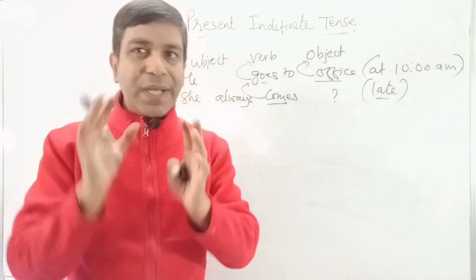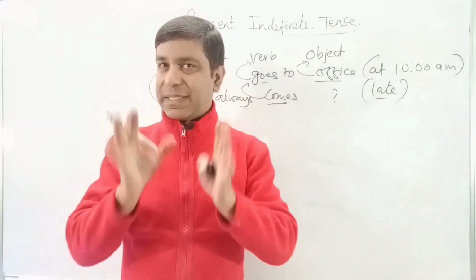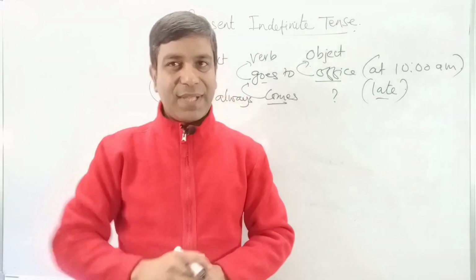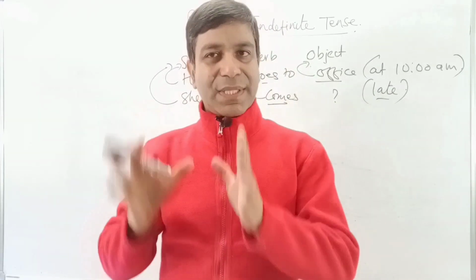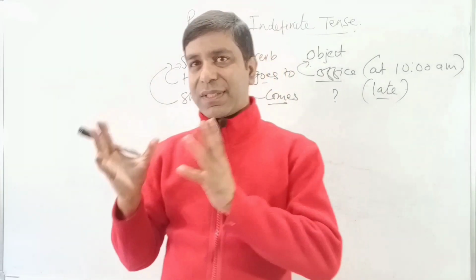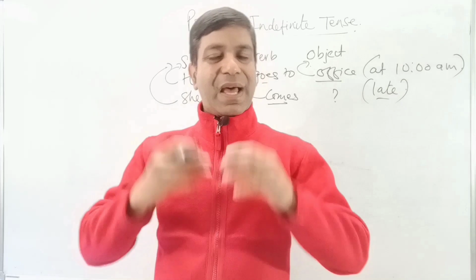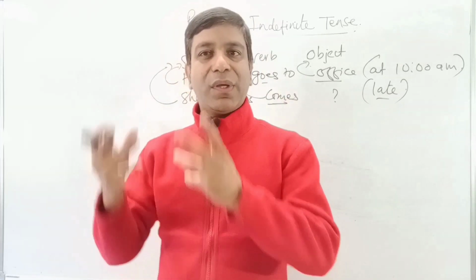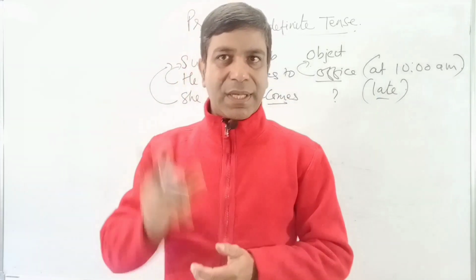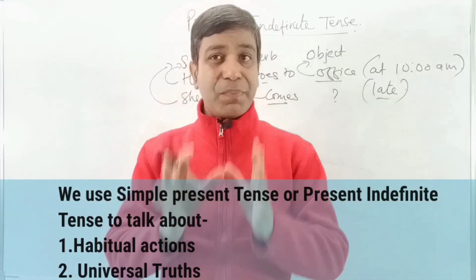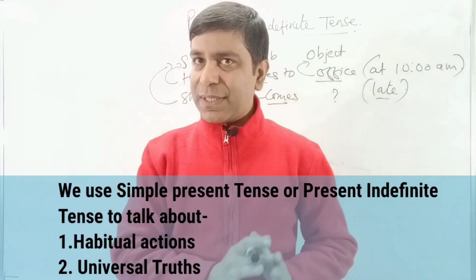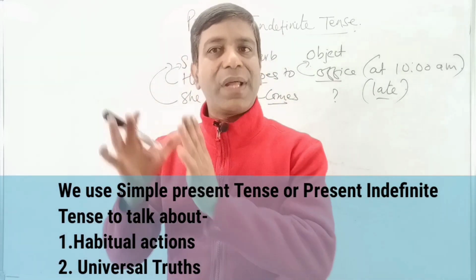Now, when do we use present indefinite tense? Let's discover that. We use simple present tense or present indefinite tense to express ideas that happen on regular basis. There are two things to note. We use simple present tense or present indefinite tense to talk about habitual actions.